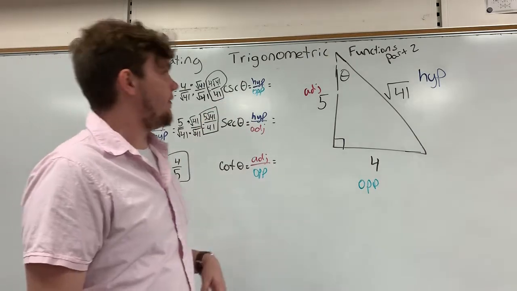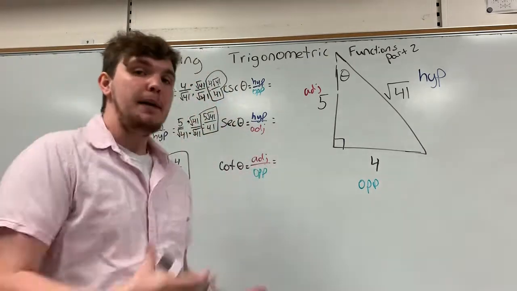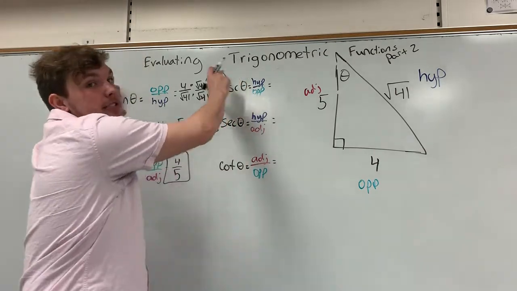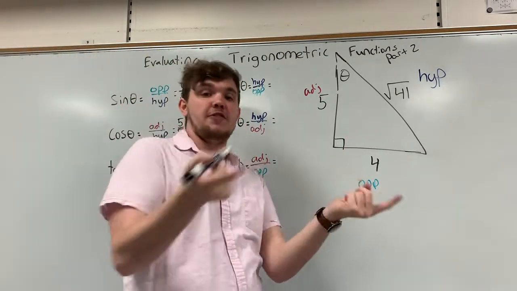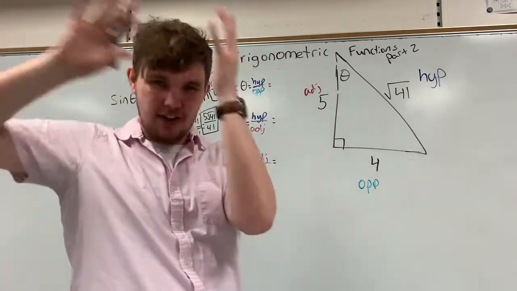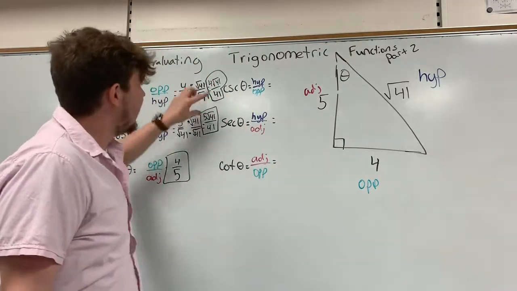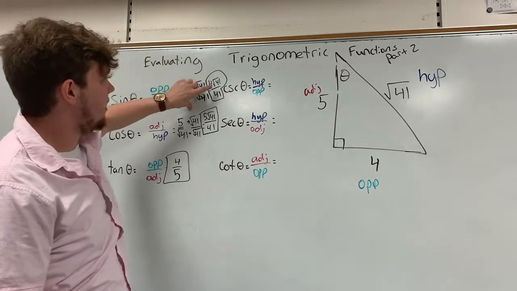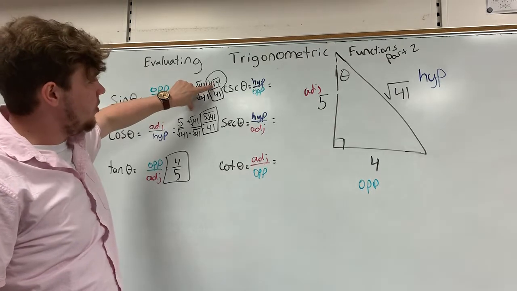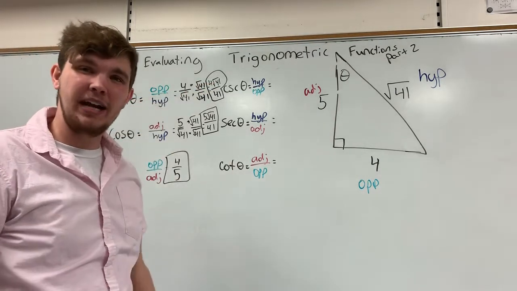Let's look at cosecant first, okay? So you might be tempted, because you know that cosecant and sine are reciprocals, to just flip your answer for sine. However, I discourage that, right? And here's why. If I took this answer and I flipped it, I would have a square root of 41 in the denominator. I don't want that.